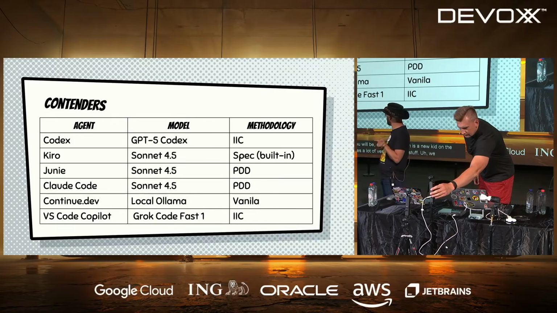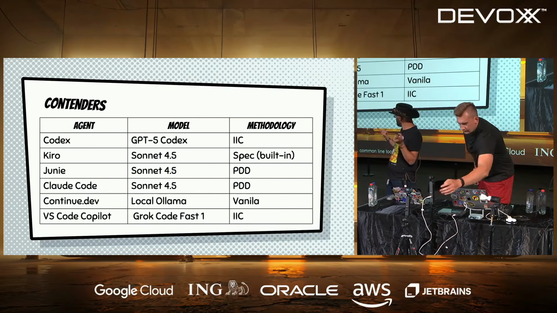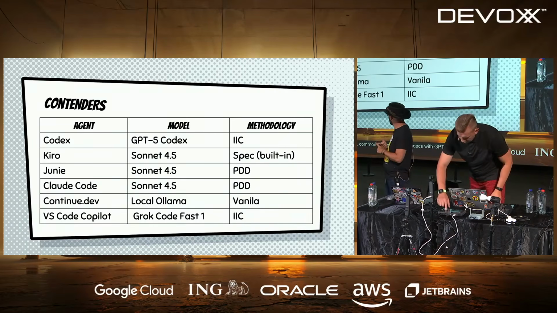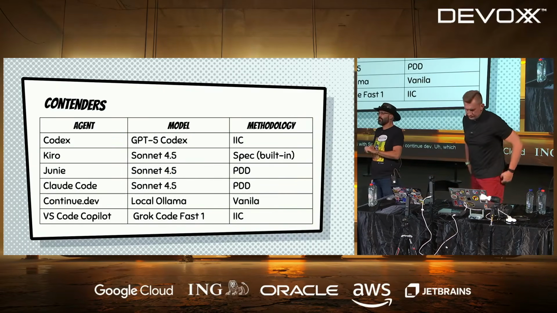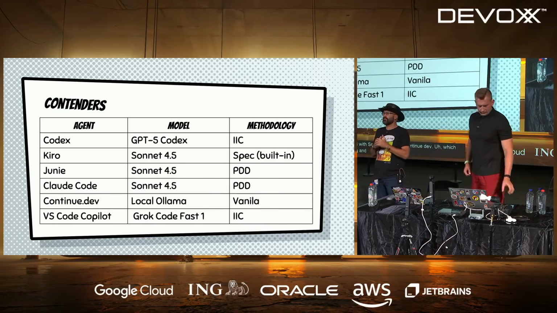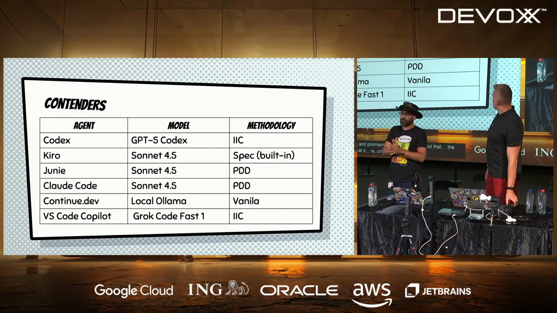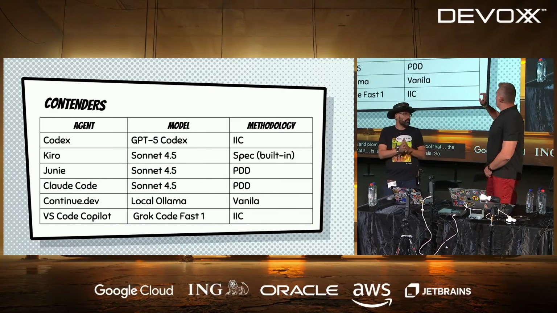We're also going to use Sonnet 4.5. Then 3 command line tools: Codex with the GPT-5 Codex model, Claude Code with Sonnet 4.5, and Continue Dev, another very interesting and promising new command line tool. The interesting part is that it can run local models, so we'll show it to you with Ollama.